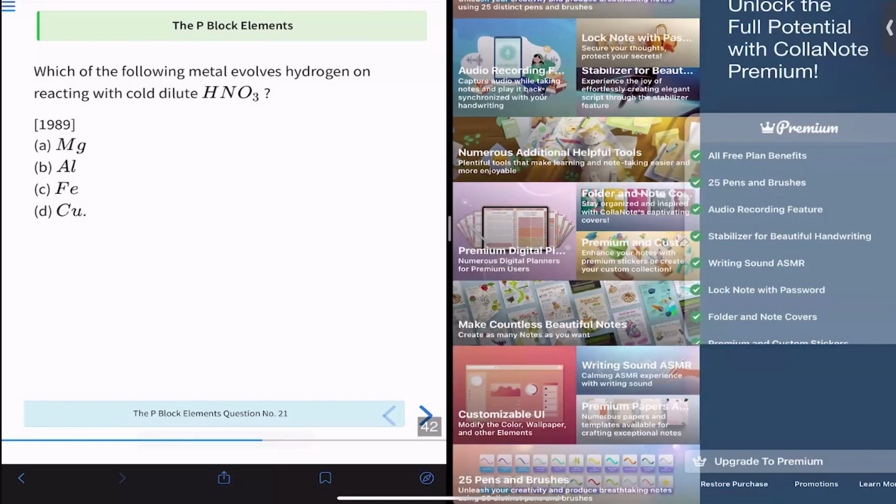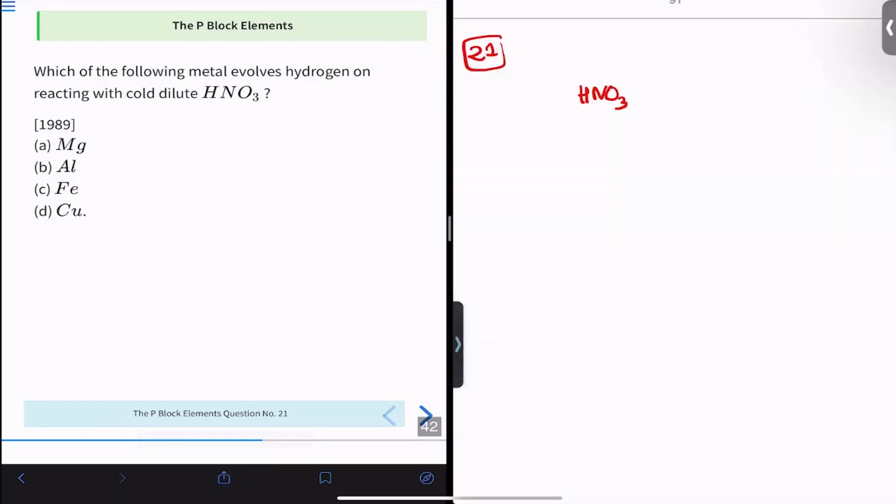You remember this: on reaction with nitric acid, there are only two metals which evolve hydrogen. Which are those metals? Those are magnesium and manganese.